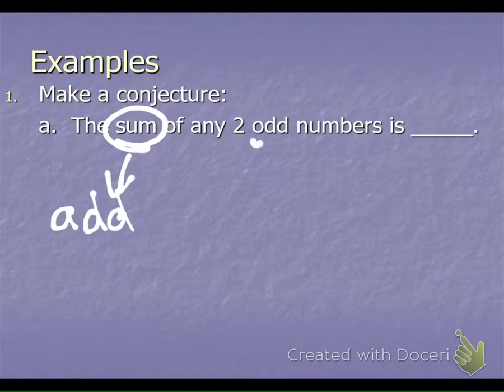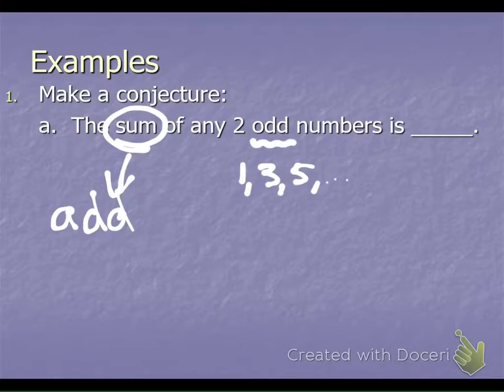And then here's another one you need to know. Odd. What are odd numbers? Give me an odd number. 1, 3, 5, and so on, okay? So you gotta use a little bit of your prior vocabulary knowledge first to sort of think of what types of numbers we're doing. So basically, we're going to take 2 odd numbers, we're going to add them together, we're going to see what happens.